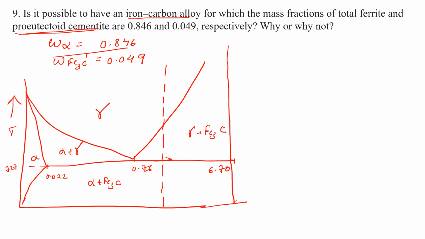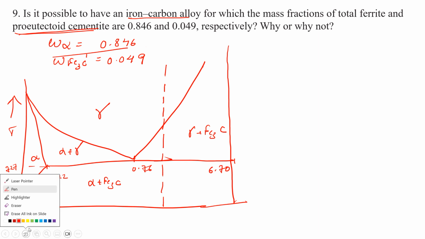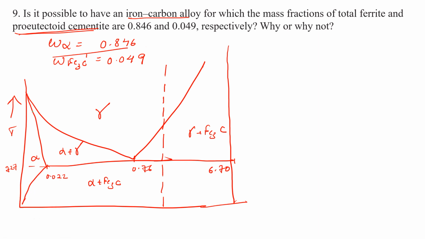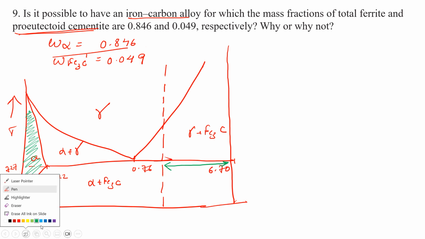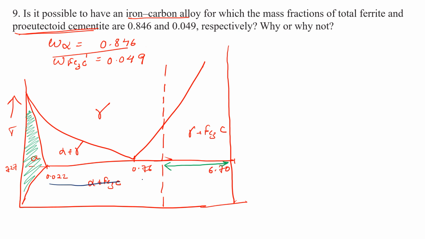Total ferrite is given by the arm which is away from the ferrite phase field. So this is our ferrite phase field. The arm that is away from this is this arm, and if we divide by the total arm length, we should get the mass fraction of total ferrite.